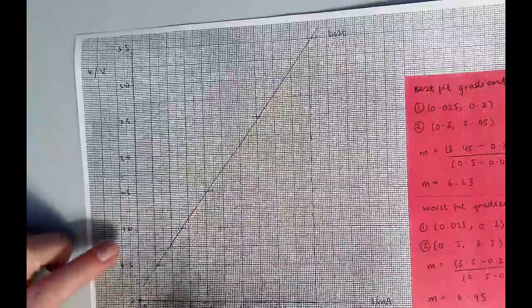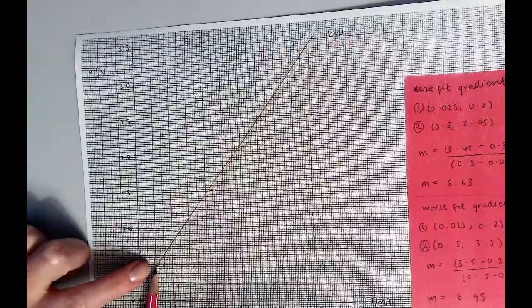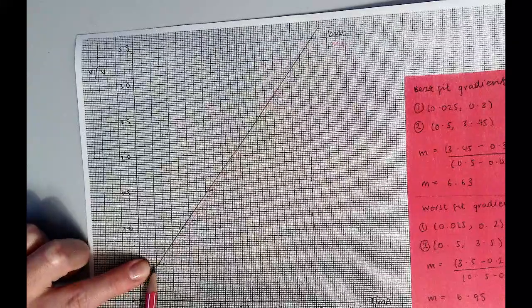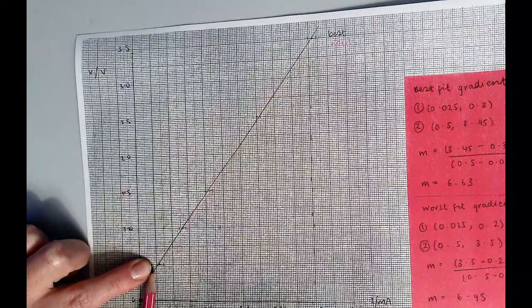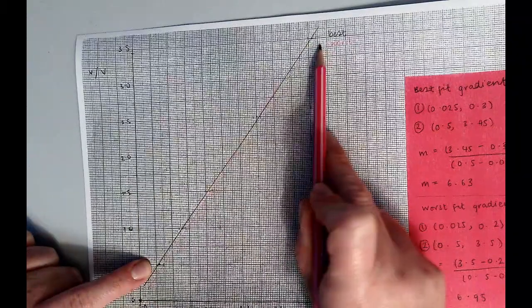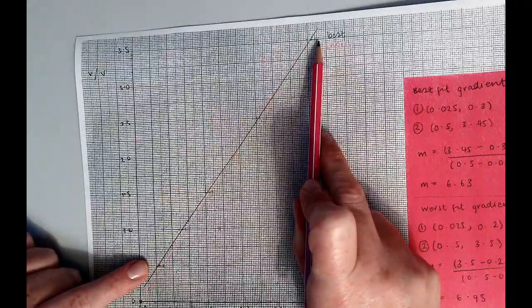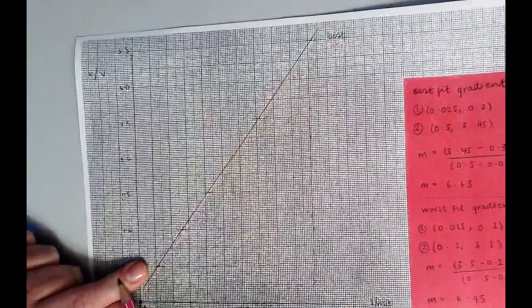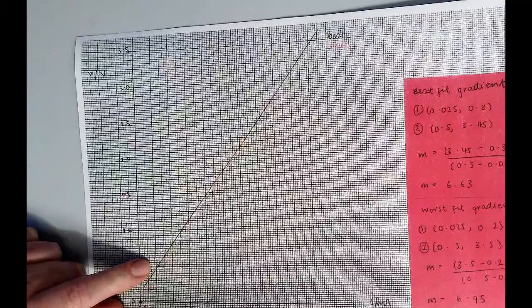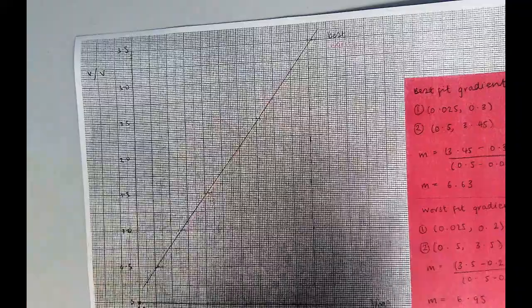So because my error bars are on my x-axis, to get my shallowest, I'm going to go from the very far left of my bottom error bar up to the very far right of my top error bar and then line through there, and all points have their error bars still lying on that line, so still valid.